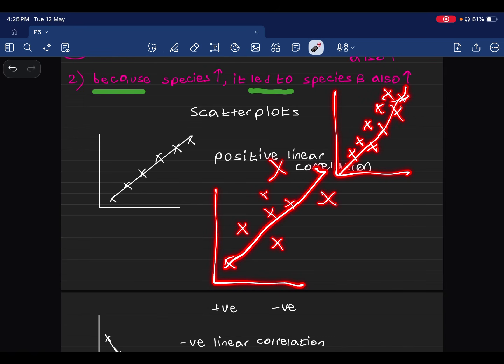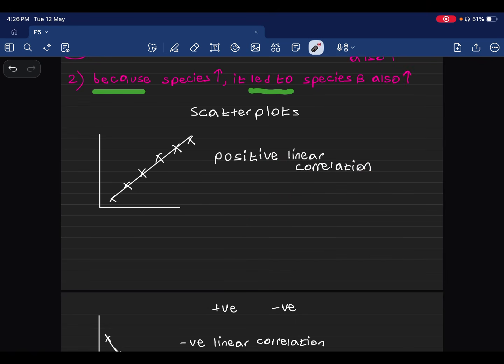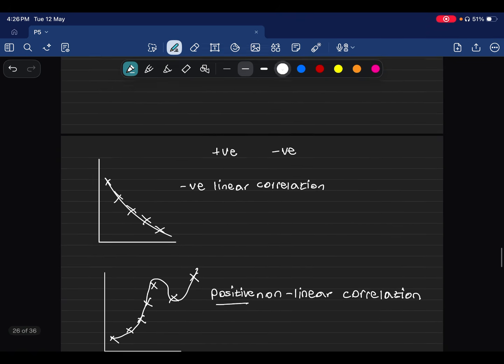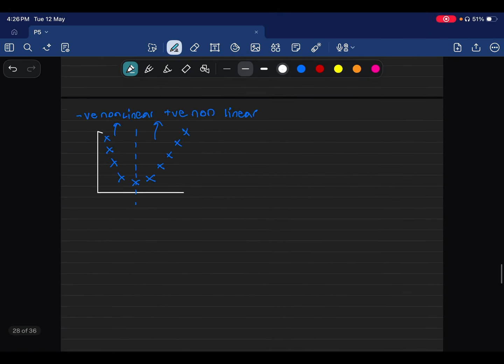This is also positive linear. But look at both cases. In the first graph, the points are really far away from the line of best fit. But in the second graph, the points are very close to the line of best fit. So both of these are positive linear, but one is weak positive and one is strong positive.